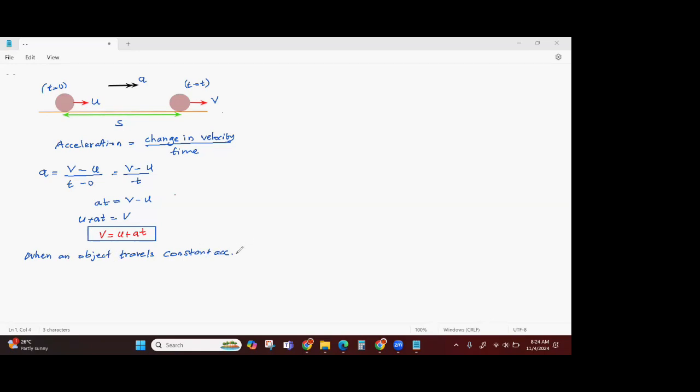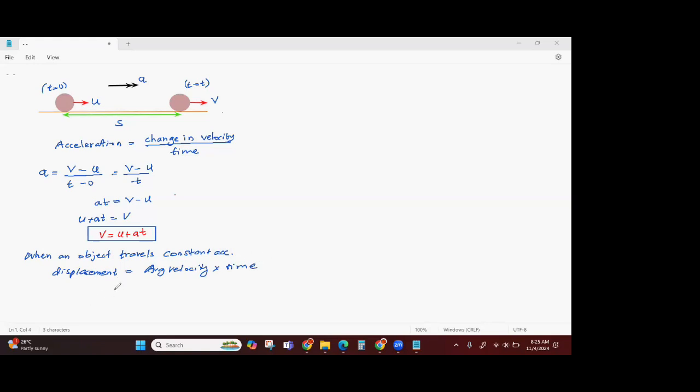Because when an object is in constant acceleration motion, then it is a straight line motion. So we can say when an object is in straight line motion, its displacement is given by displacement equals average velocity into time.